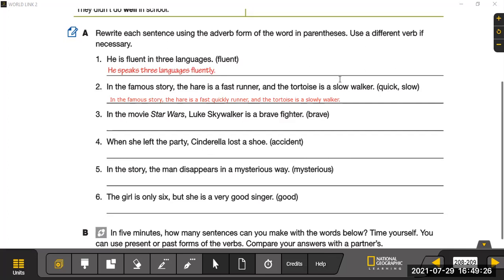I think Luke is a brave fighter in the movie Star Wars.